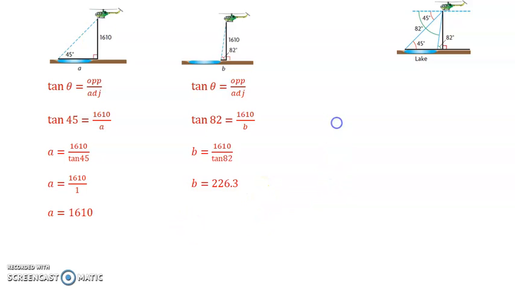So to answer the question, what's the width of the lake? The width of the lake is equal to A minus B, right? Pretty straightforward.